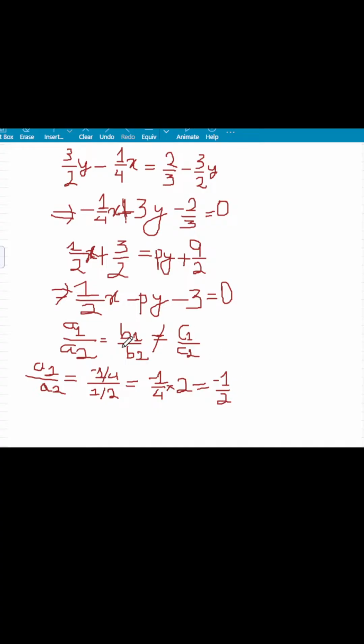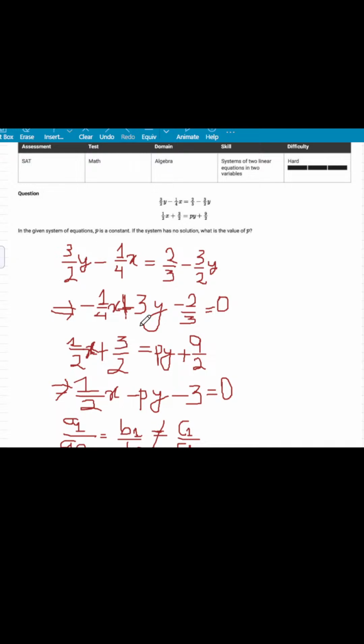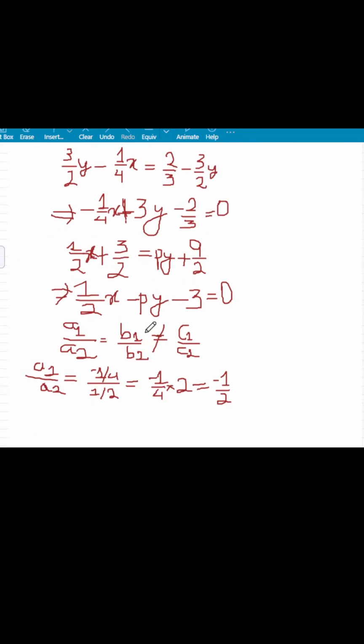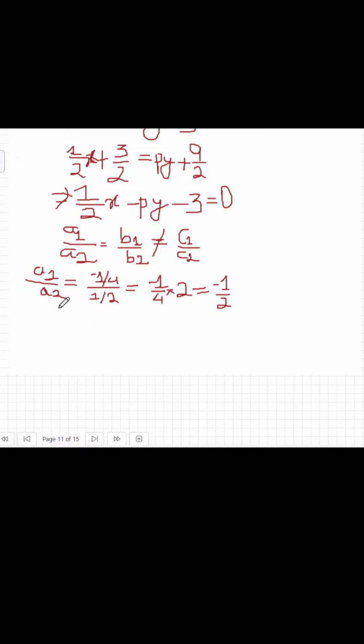Now for b1 by b2, we have 3y and minus py, so b1 by b2 is 3 by minus p, and this should be equal to minus 1 by 2.